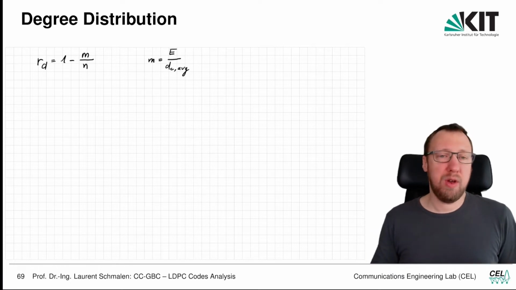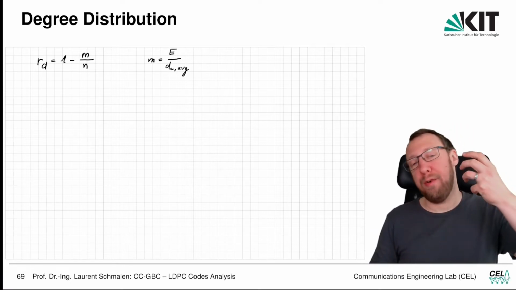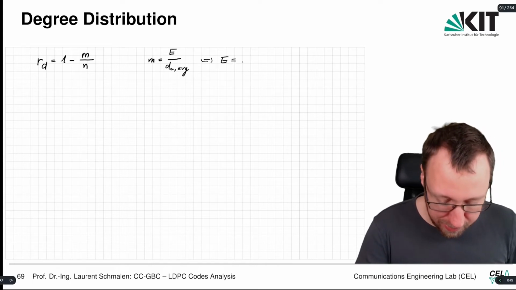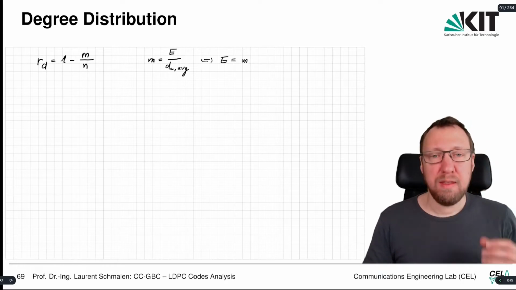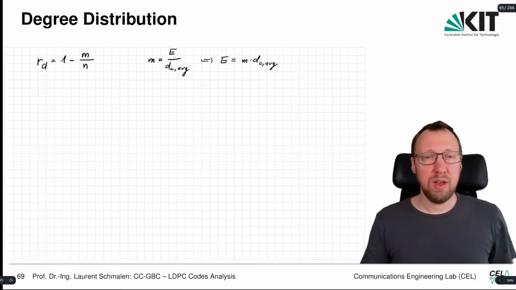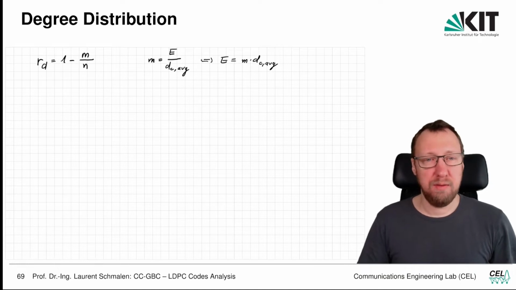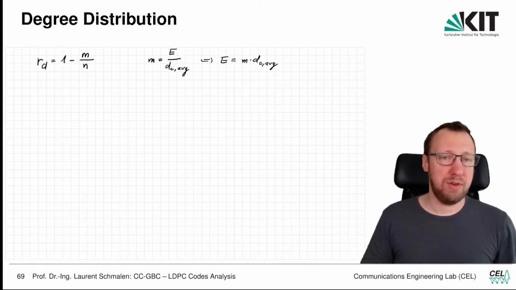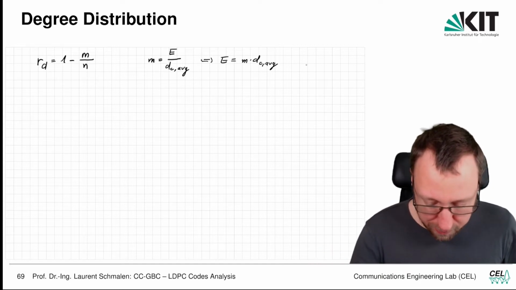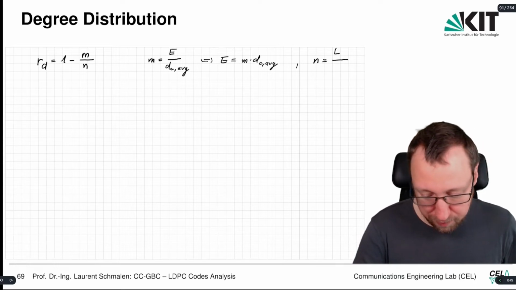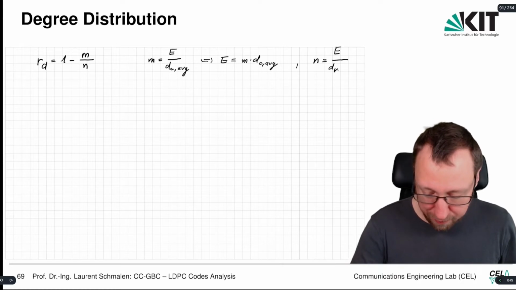So we can also say E, the number of edges, is the number of check nodes, M, times the average check node degree. So that's how you can express M and E as a function of the average degrees. Same thing for the number of variable nodes. The number of variable nodes, N, is the total number of edges divided by the average variable node degree.